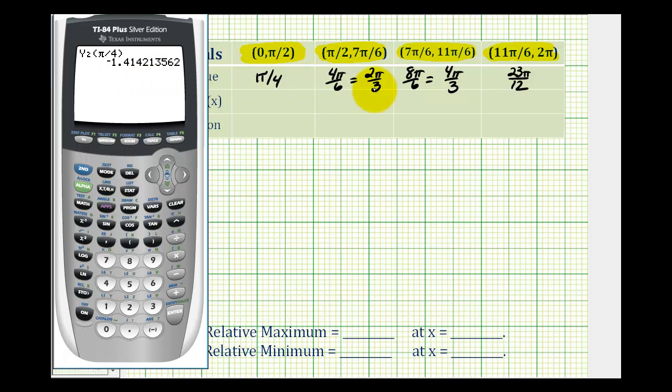And then we'll do the same for these three other test values. So vars, right arrow, enter, select y2, enter, and then we'll type in 2 pi over 3. Notice how it's still negative, and now we'll use x equals 4 pi over 3.